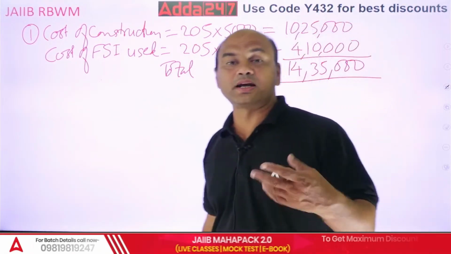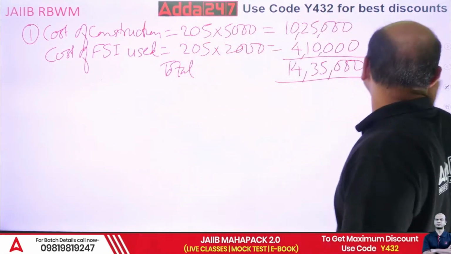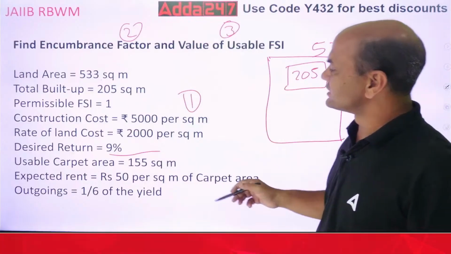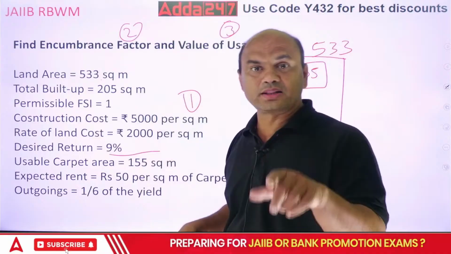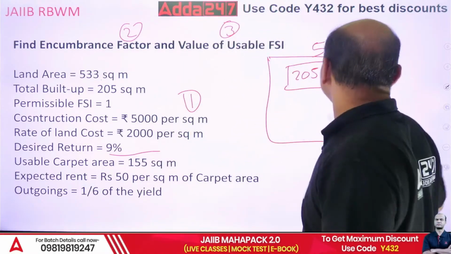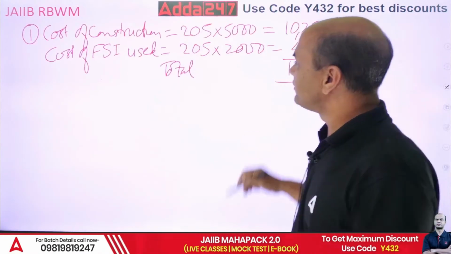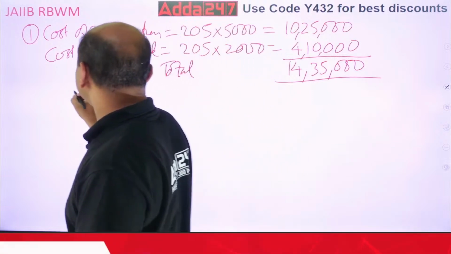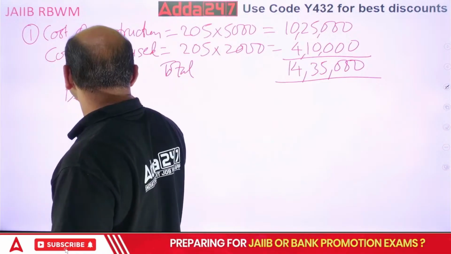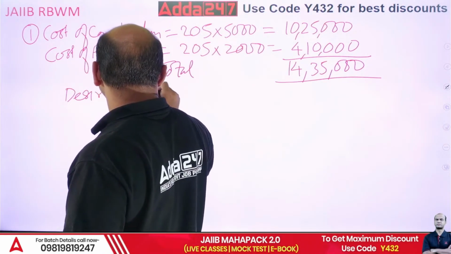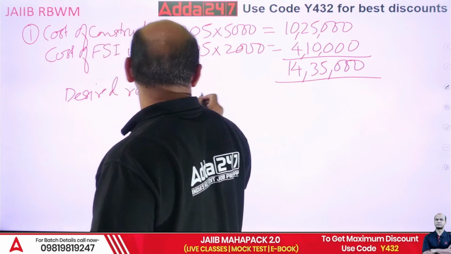What is my desired return? Desired return is mentioned as 9%, right? So 9% on my investment. So 14.35 lakhs into 9%. Desired return equals this.